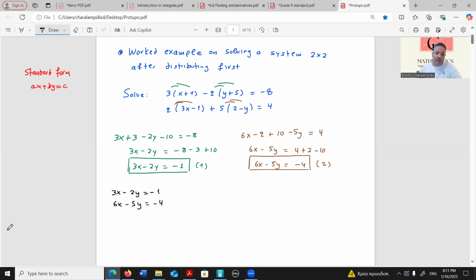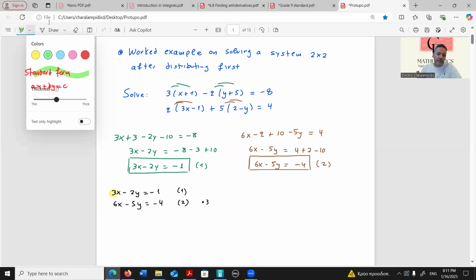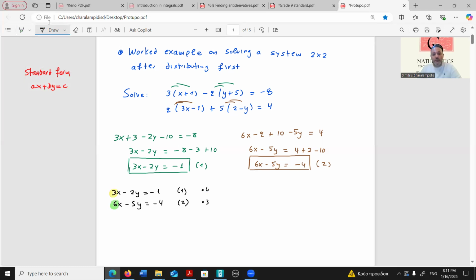Let me eliminate the x's. So if the coefficient of x on the first one is 3, this means I should multiply the second by 3. And since the coefficient of x on the second one is 6, this means that I should multiply the first one by 6.